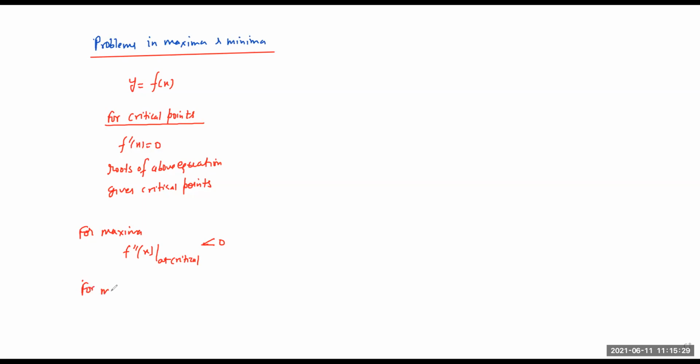And for minima, the value of the second derivative at critical points must be positive. These are the finite steps you need to follow to arrive at the answer.